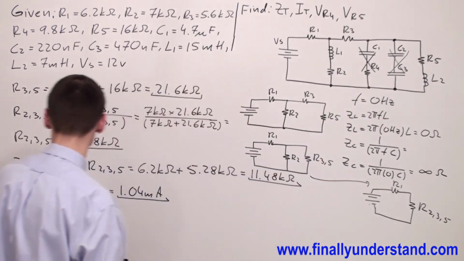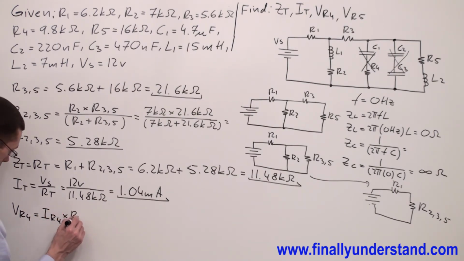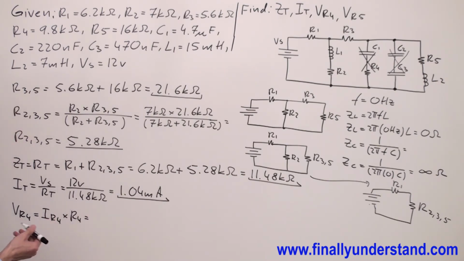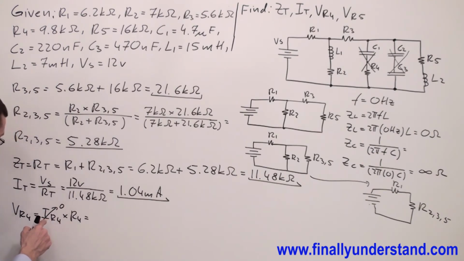And you have to remember that Ohm's law says that voltage is equal to current times resistance. If current is equal to 0, 0 times anything gives me 0.